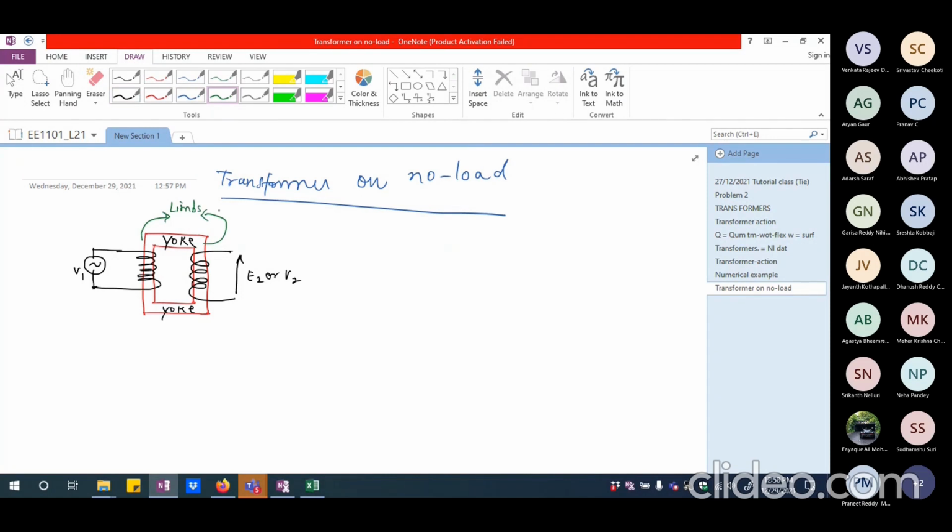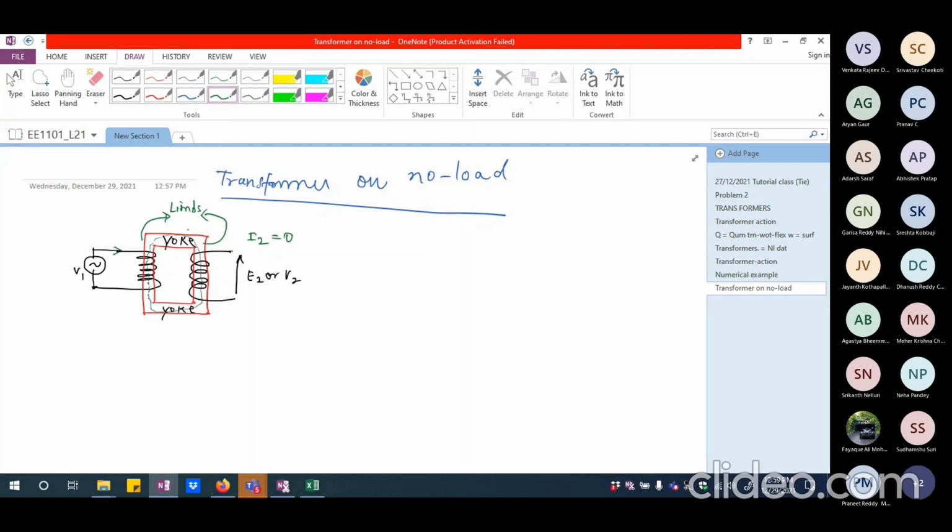Now, when I am connecting a voltage source here, because it's a copper winding, I am definitely going to have a current flowing through this. But I don't have any load connected here, so the secondary winding current I2 is equal to 0. Whatever current is drawn by the transformer is mainly for establishing the flux. It doesn't have any other purpose.